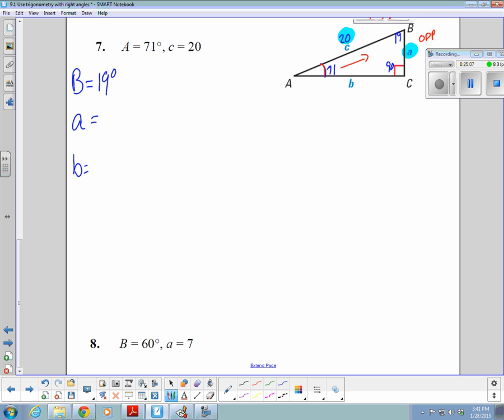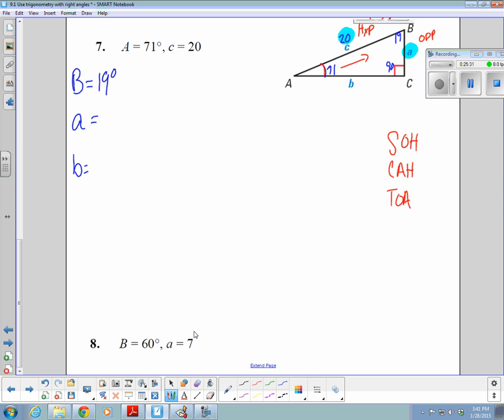Okay, and I'm trying to find what it is, and this is the hypotenuse. I'm given the hypotenuse. If you're looking for SOH CAH TOA, which one do you want to use?